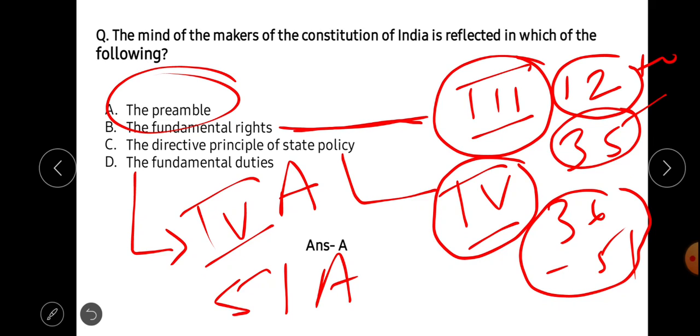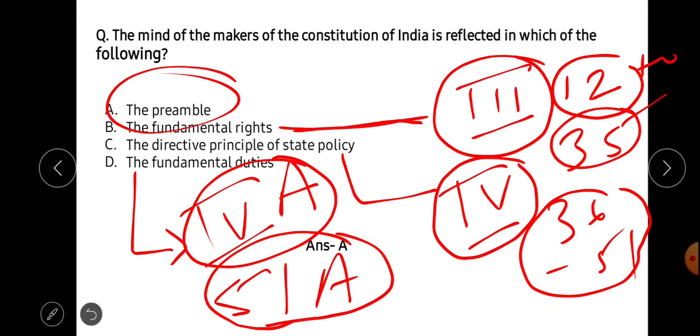And the fundamental duties are contained in part 4A of our constitution, in article 51A. So fundamental rights are in part 3 from article 12 to 35, directive principles in part 4 from article 36 to 51, and fundamental duties in part 4A, article 51A. Okay, now move to the next one.